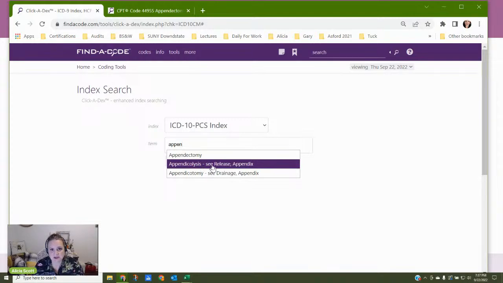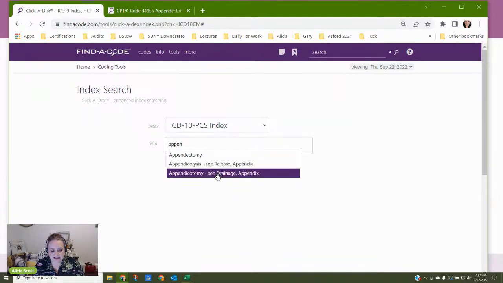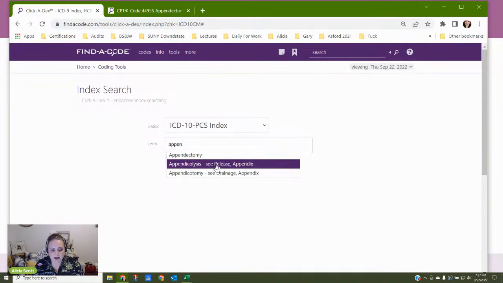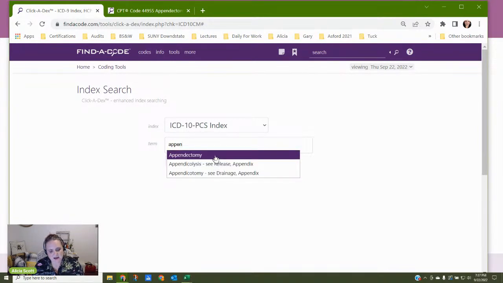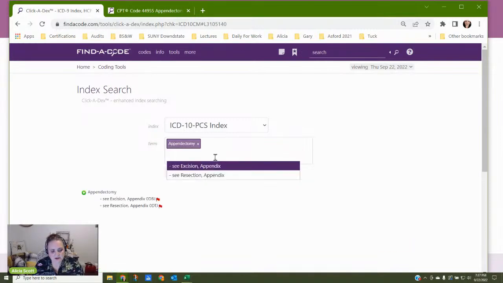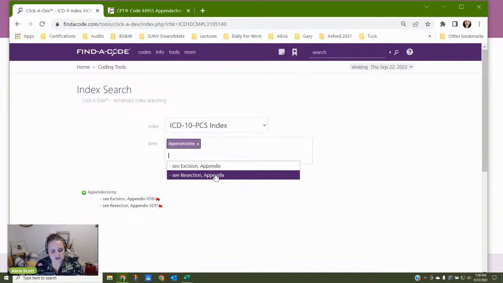So we'd look under med surge, we'd look up the body system, and then what's being done. And if we're releasing something from the body, let's see release. Let's look here first. Excision, resection. Are we doing an excision or a resection? Well, let's look at the difference.